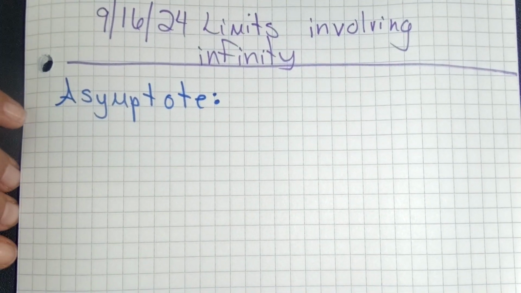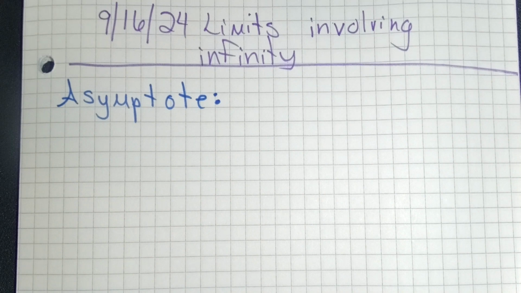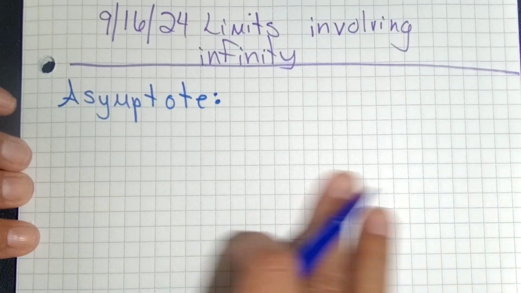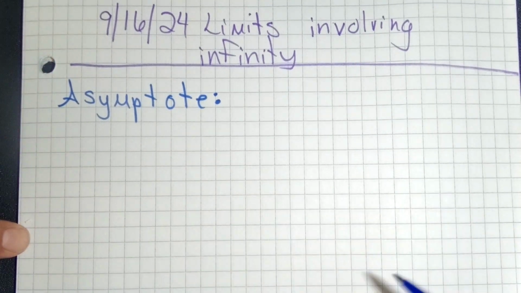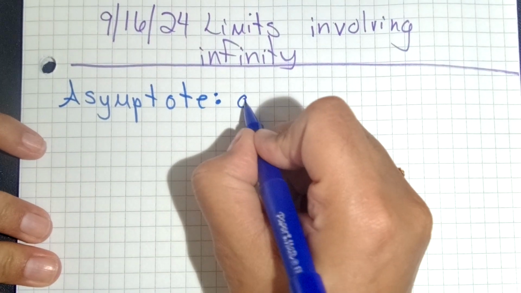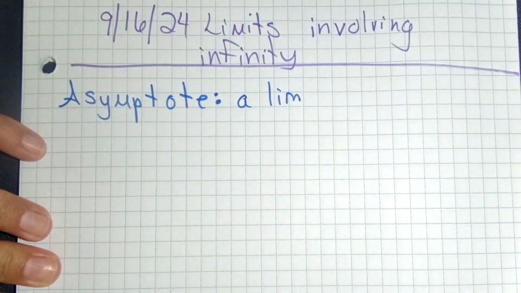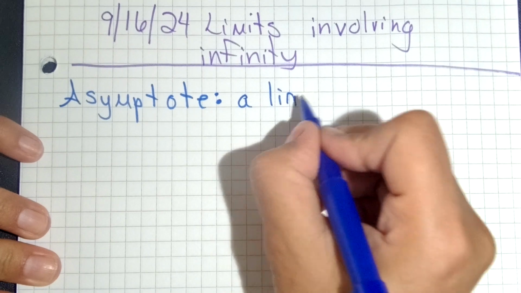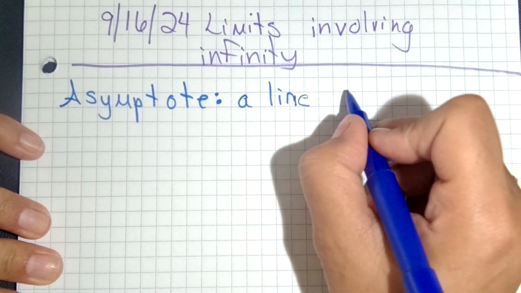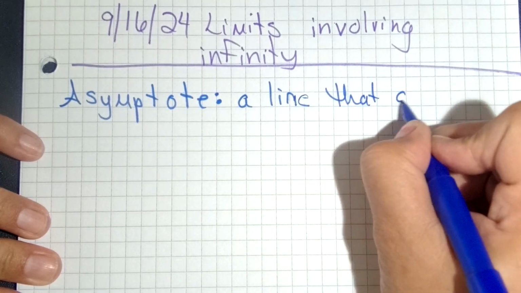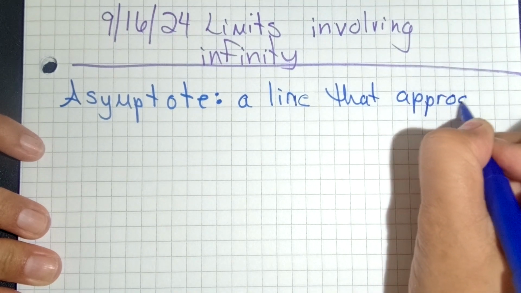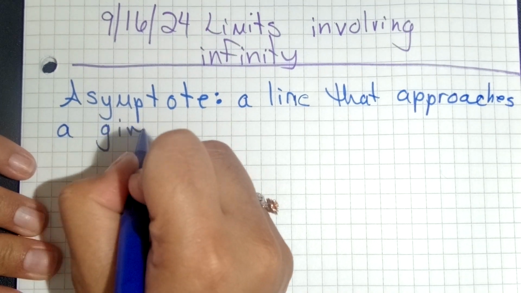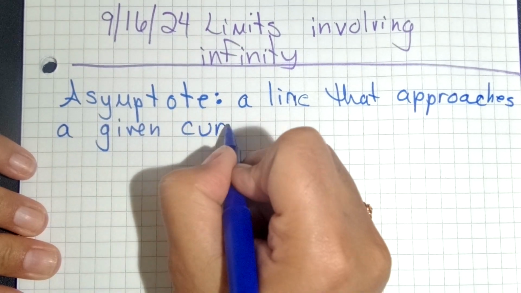I'm also going to be drawing a picture here, so make sure that you're drawing it in addition to writing down the definitions. An asymptote is a line that approaches a given curve or graph.